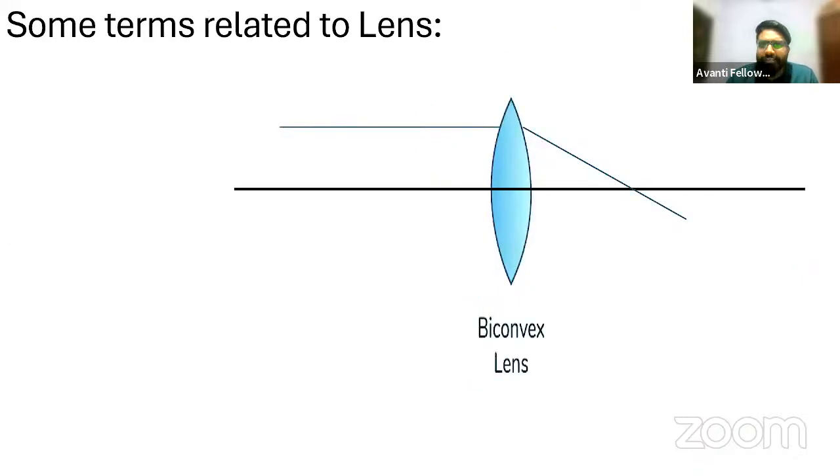Now, some terms related to the lens. Here, let's say this is termed O. So O is defined as the optical center of the lens. What is meant by optical center? Whenever light passes through this optical center, it will not diverge, which means if a light ray comes like this, it will move like this.